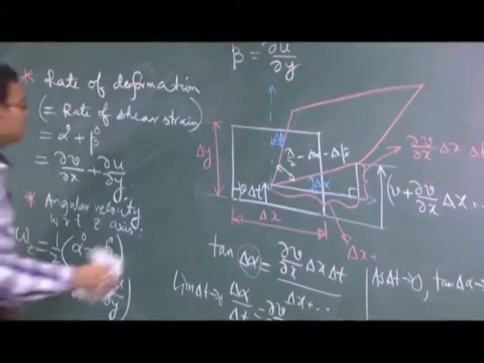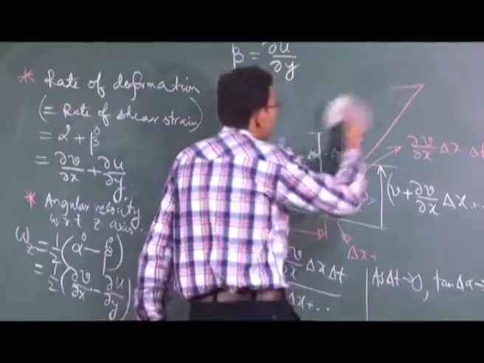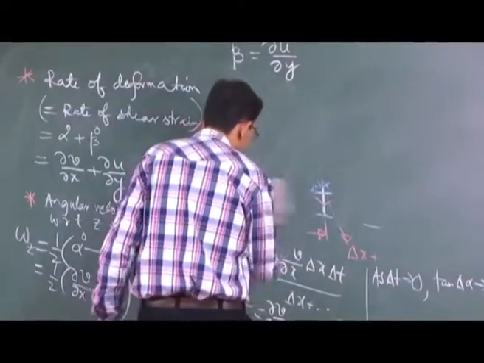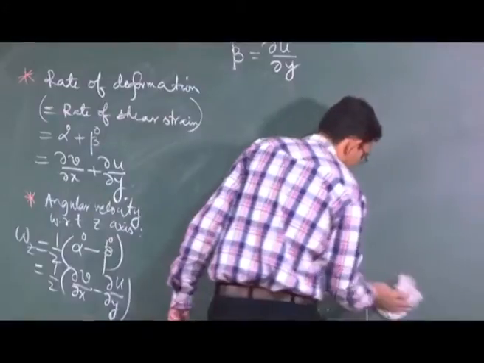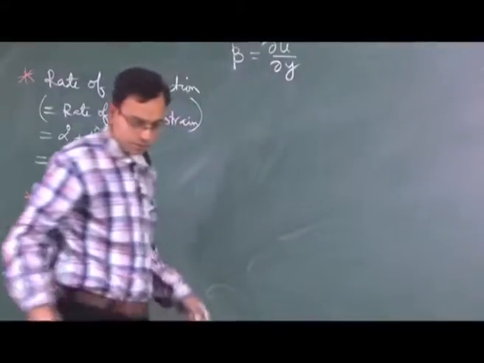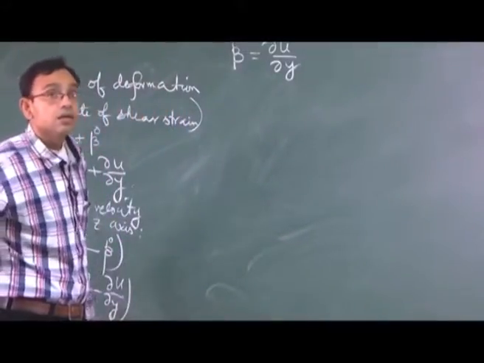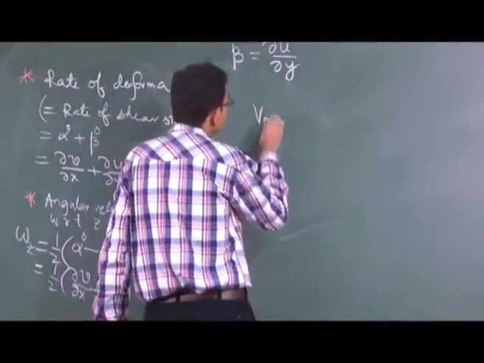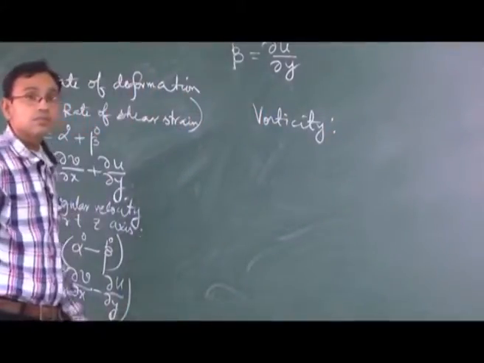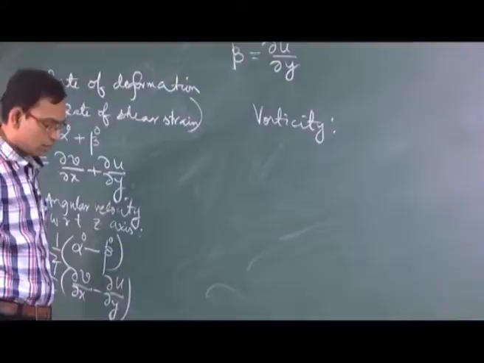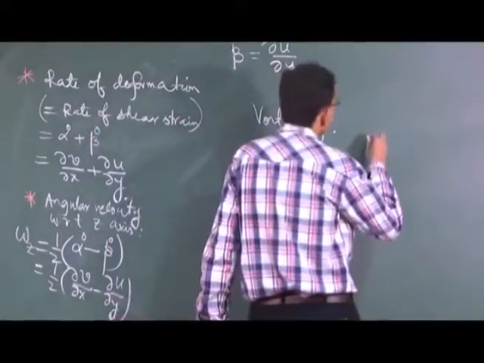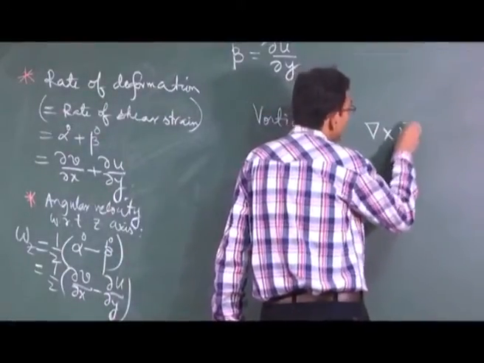Now, this angular velocity is related to a mathematical quantity which is defined as vorticity. So, vorticity is defined as the curl of the velocity vector.